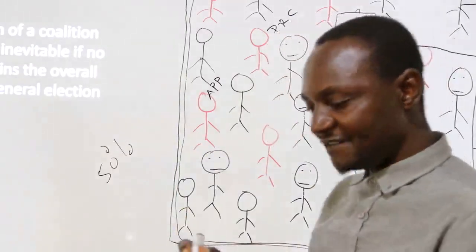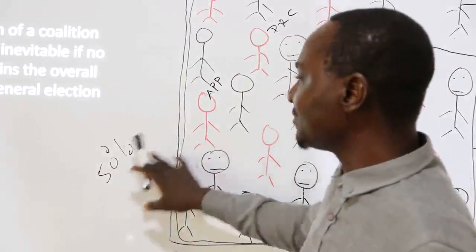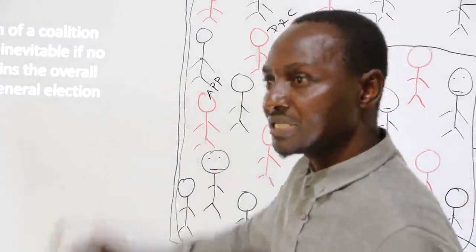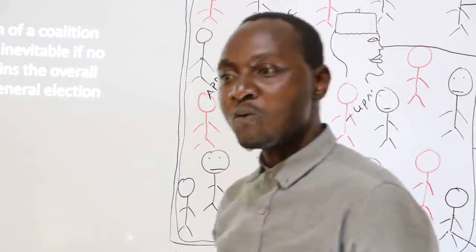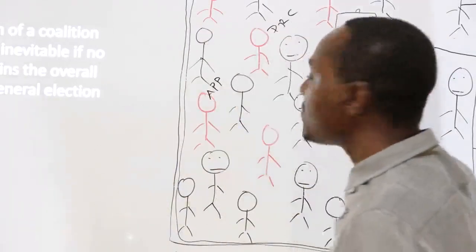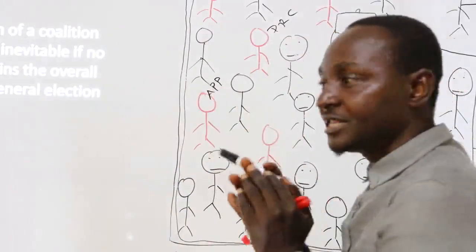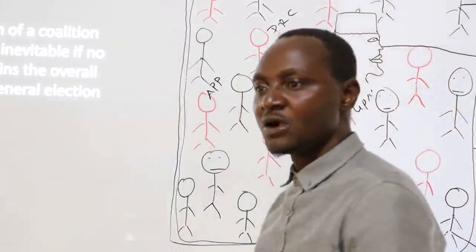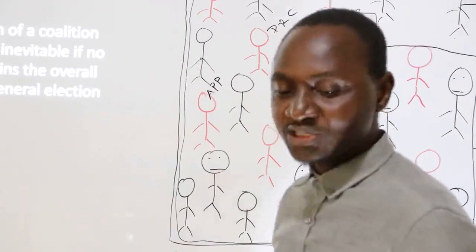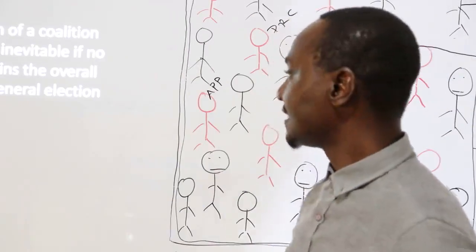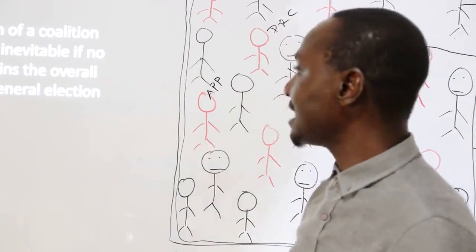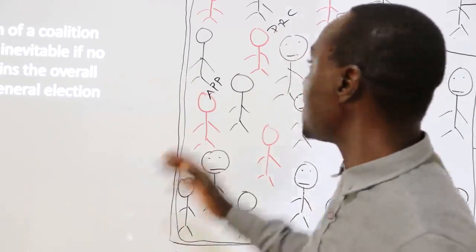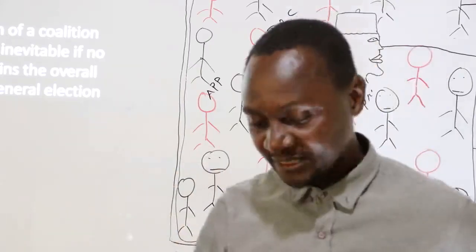If after an election, no political party is able to get more than 50% of the total votes cast, different political parties form a coalition. When they form that coalition, automatically they come up with the required number of votes needed before forming the government of the day.